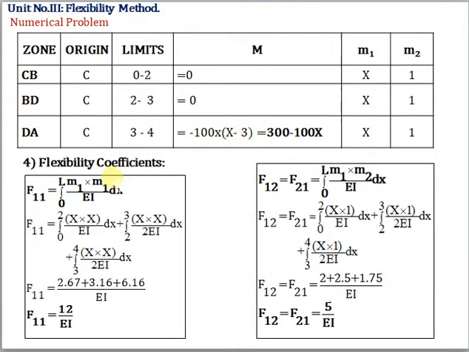Now let's find the flexibility coefficients. First is F11.